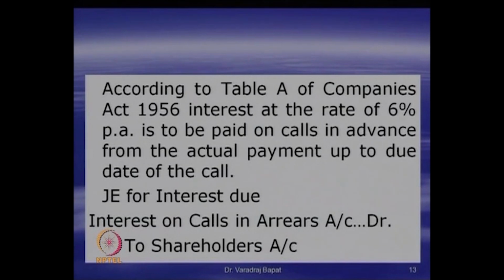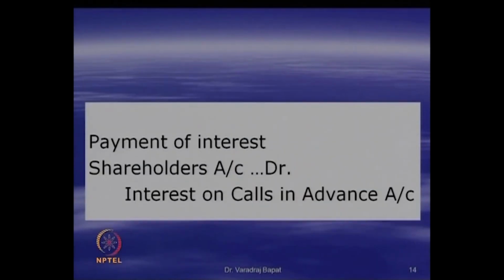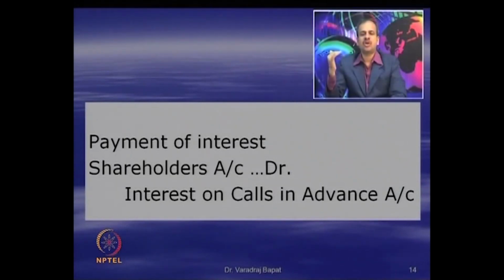So interest on calls in advance debit to shareholders, and the next entry is shareholders debit to interest on calls in advance. So here what is happening is, just like earlier entries they were on calls in arrears, these are the entries for calls in advance. So the money which is received in advance, company credits the interest and then shareholders pay that interest.